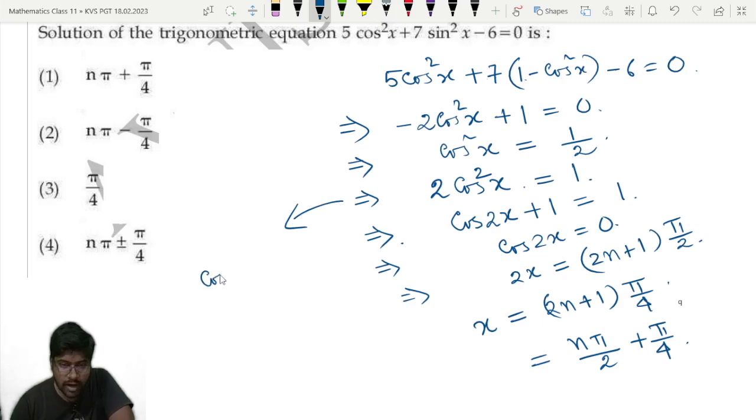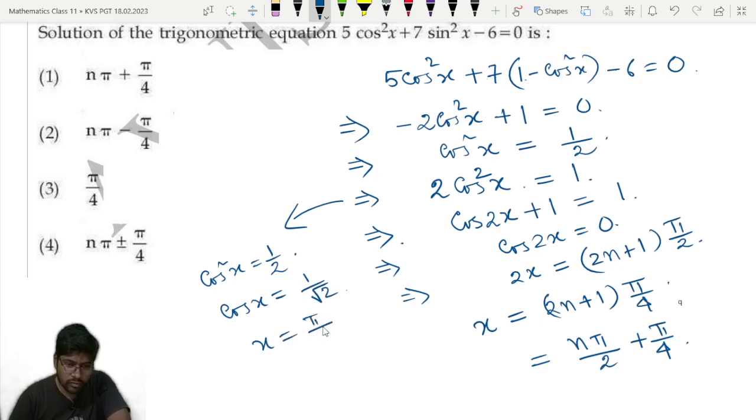So from here we can write cos square x is equal to 1 by 2. Okay, so cos x is equal to 1 by root 2. So x is equal to pi by 4, taking only the positive value.